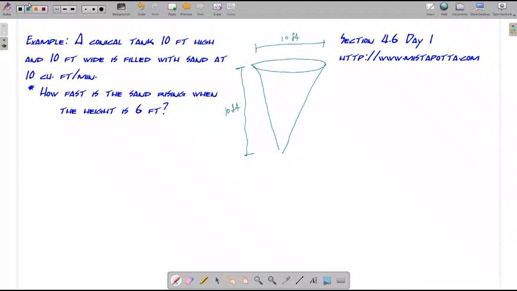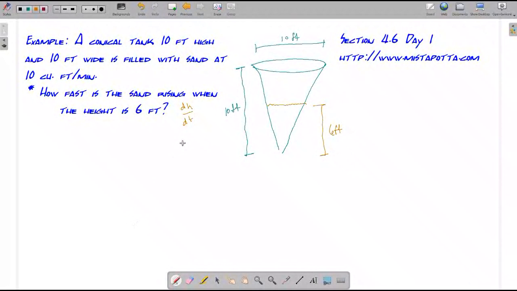And my question is, in the situation where I'm filling this up with sand, and when my sand is 6 feet high, how fast is the height rising? So I'm asking how fast is the sand's height rising? This is the change in height over time.